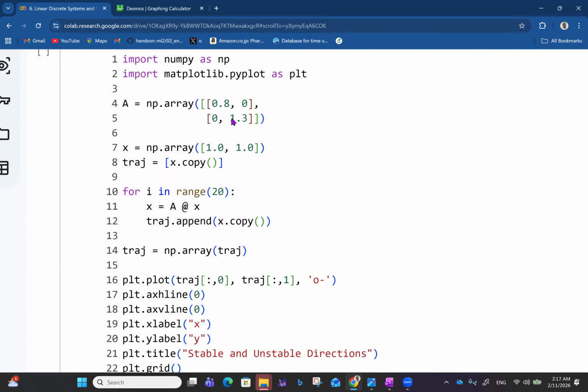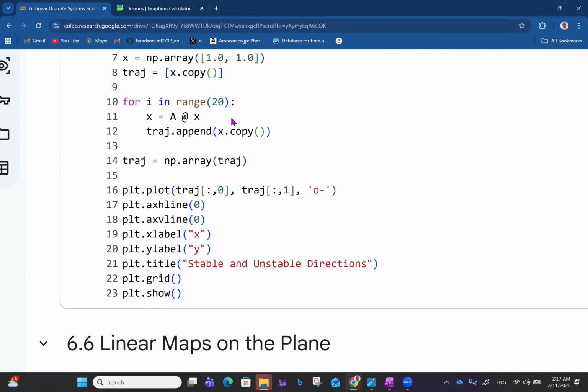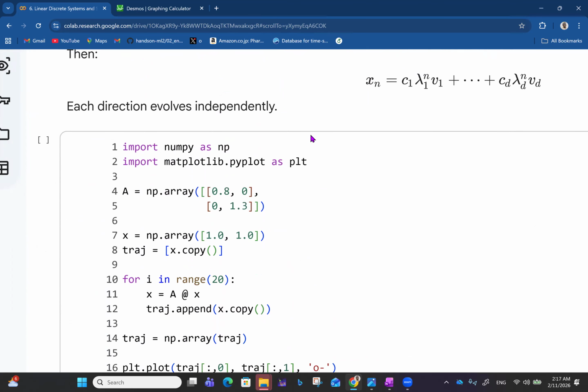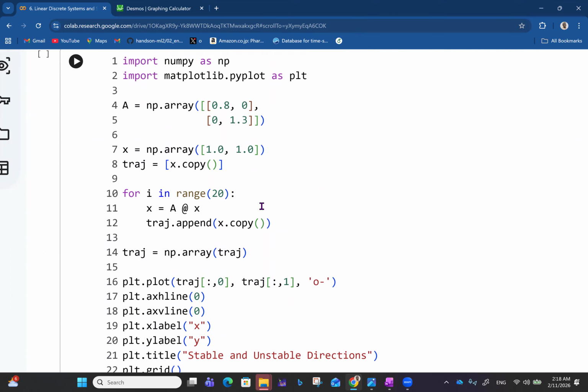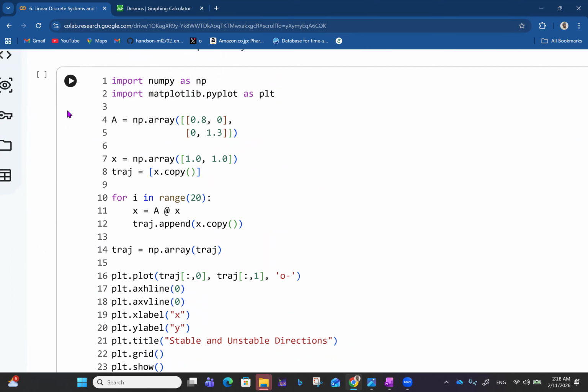So imagine this situation where we have stable and unstable directions. For this matrix, 0.8 is the stable direction, 1.3 is the unstable direction, but 1.3 is the spectral radius because it's the bigger eigenvalue. So let's see what that kind of graph gives us here.